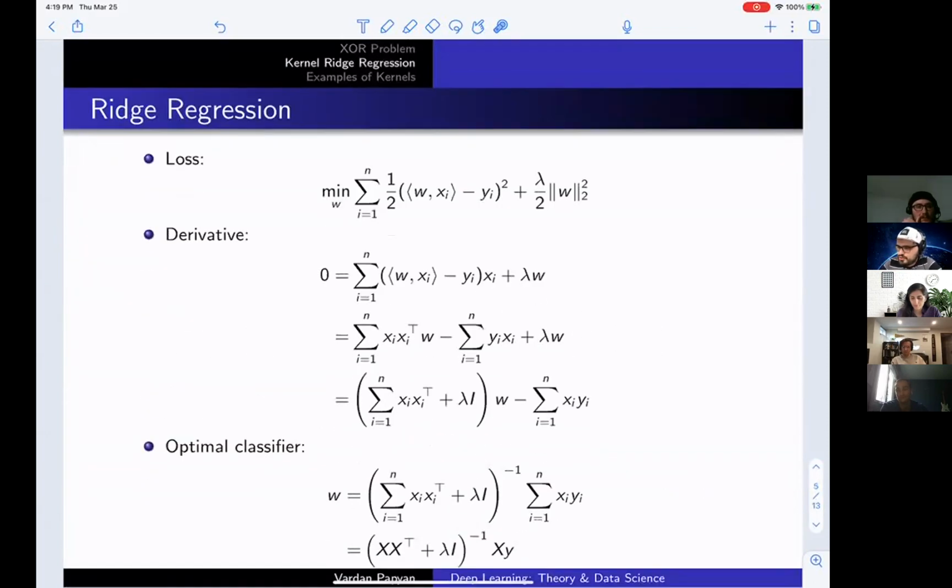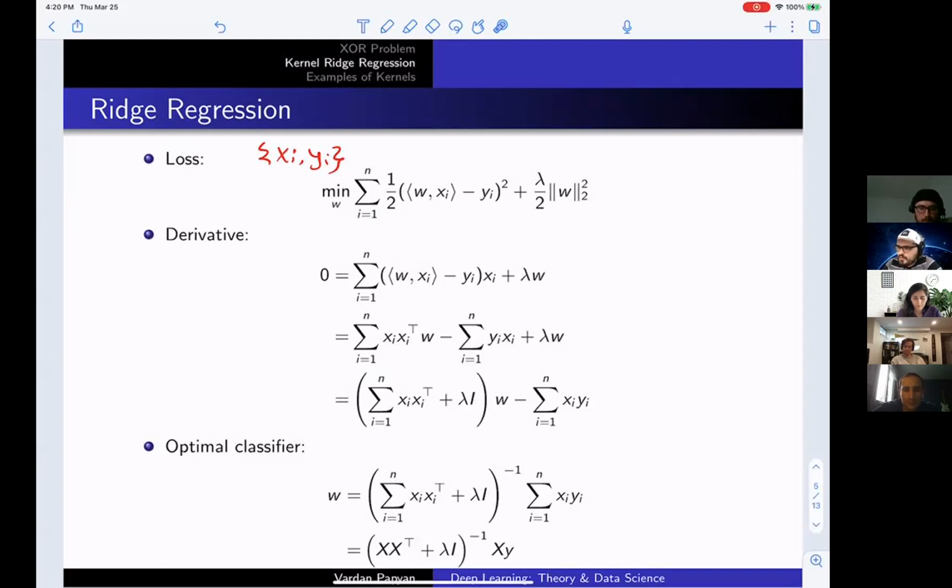So in order to introduce the trick, let us look at a very simple algorithm, which is called ridge regression. So this is a very simple algorithm where you have a data set of xi and yi. Xi are inputs, yi are targets. You can think of these as labels, for example.